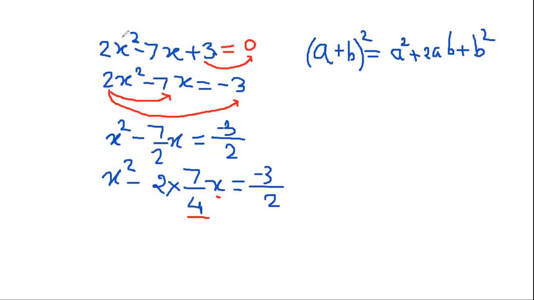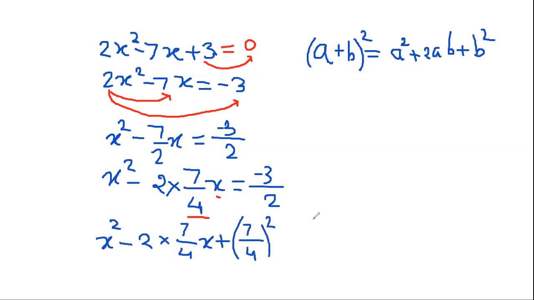Then you get x square minus 2 into 7 upon 4x plus 7 upon 4 whole square equals minus 3 upon 2 plus 7 upon 4 whole square.